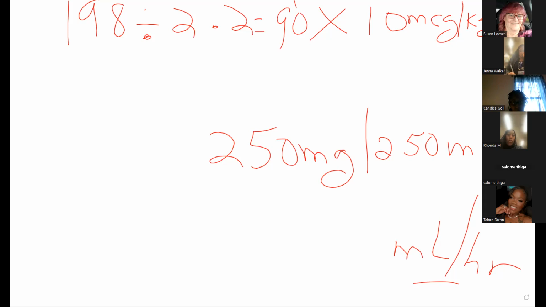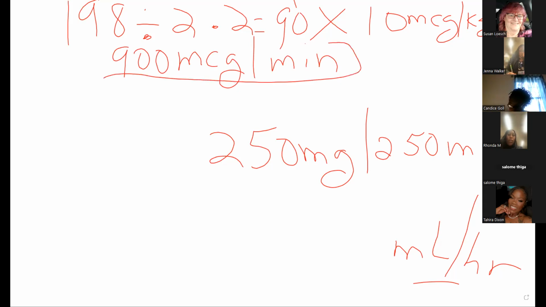All right, so now we have 900 micrograms per minute. Okay, we have to get to milligrams per hour from this here. So first thing I'm going to do is divide this by 1,000 because that will put my 900 micrograms into milligrams.